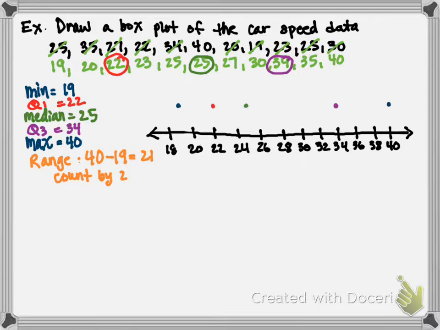Okay, so now we're going to go ahead and do our box plot. We're going to draw through the 3 medians, making our box, and then connect to our extremes. All right, now we'll title this car speed.